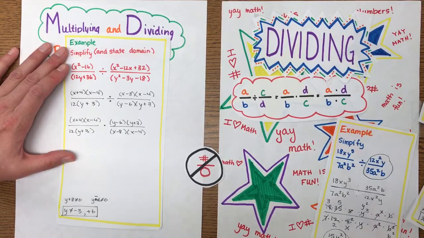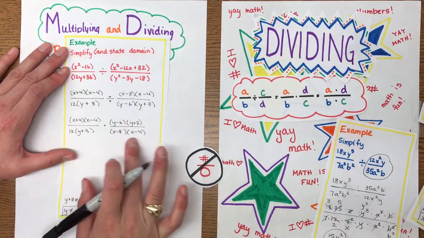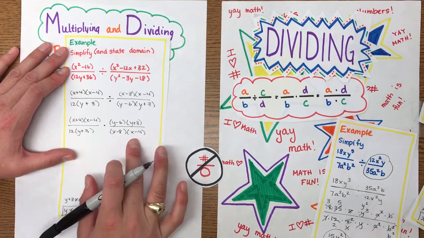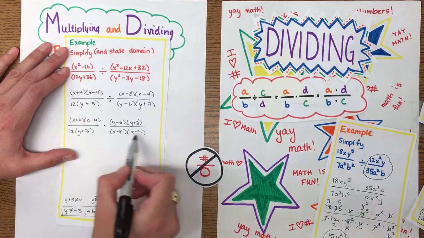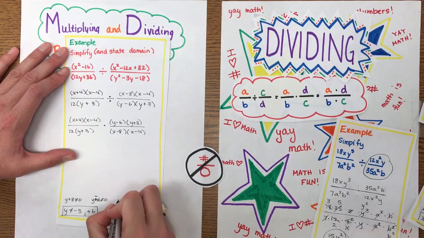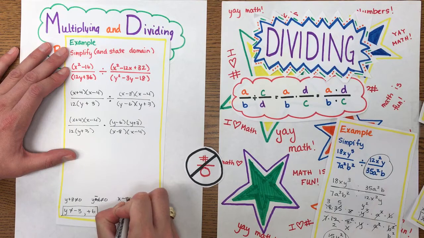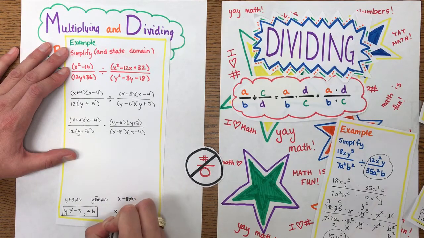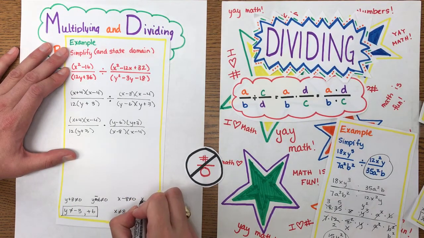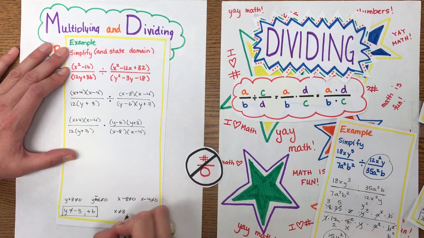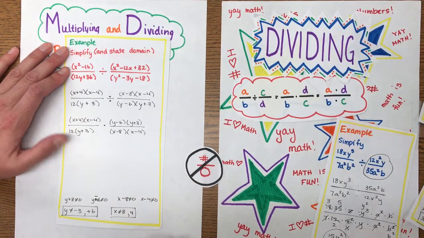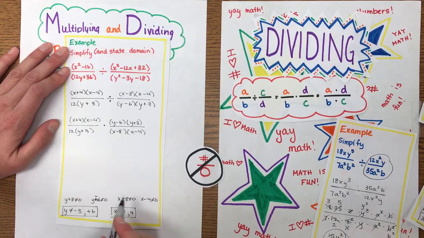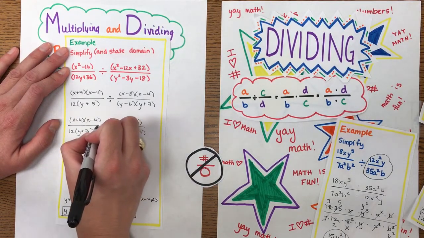I now have another step where I have things in the denominator that I haven't considered yet. Because these are now in the denominator, x minus 8 cannot be equal to 0, giving me x cannot be equal to 8. And x minus 4 cannot be equal to 0, so x cannot be equal to 4. So I have two new domain restrictions, and there's no new domain restrictions over here.